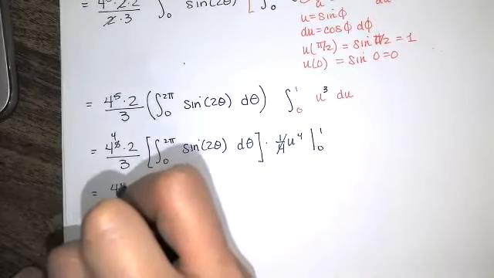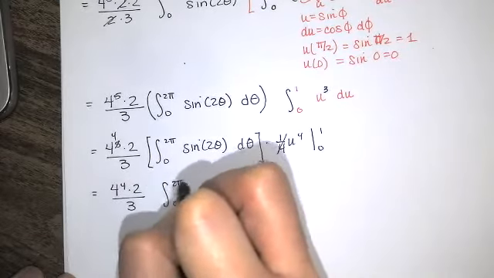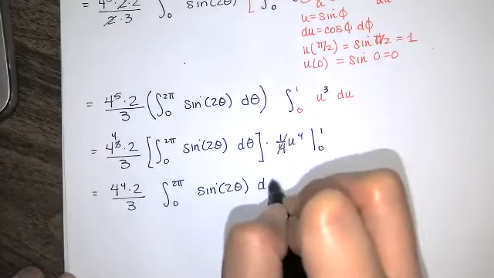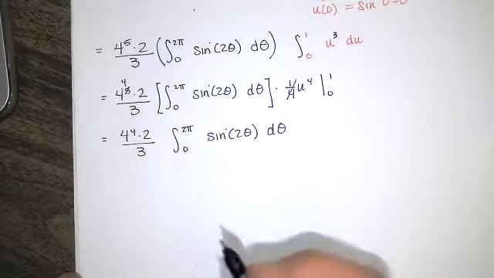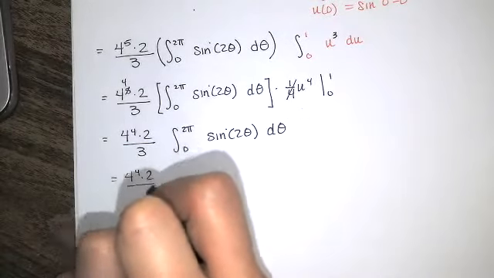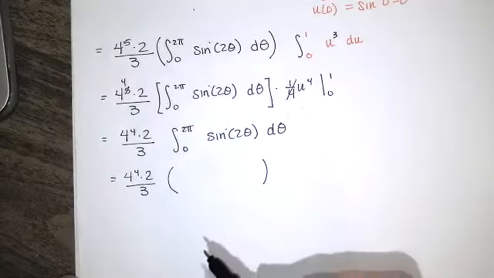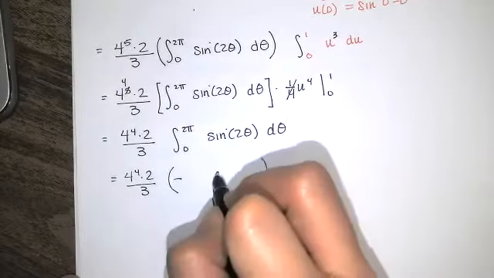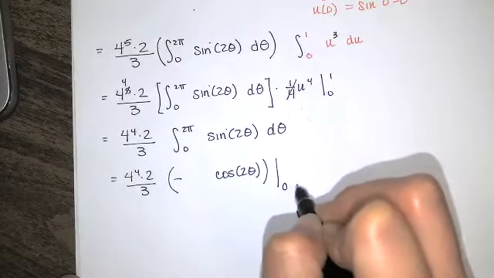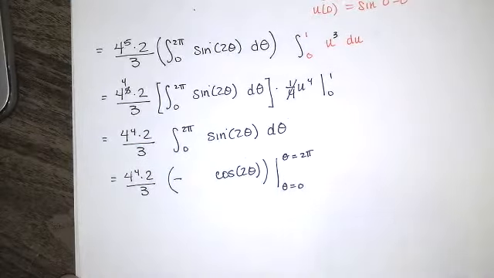So we've got 4 to the 4th times 2 over 3 times the integral from 0 to 2 pi of sine of 2 theta with respect to theta. And then we just anti-differentiate. The antiderivative of sine is negative cosine, and we evaluate from theta equals 0 to theta equals 2 pi.